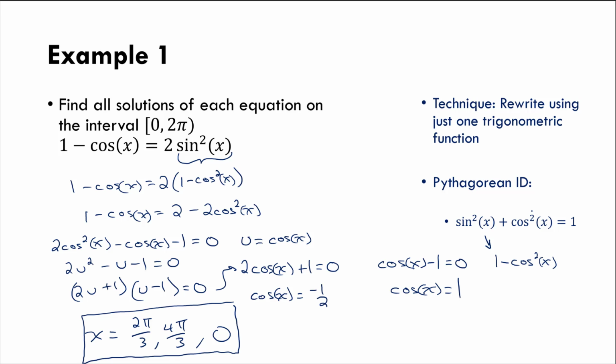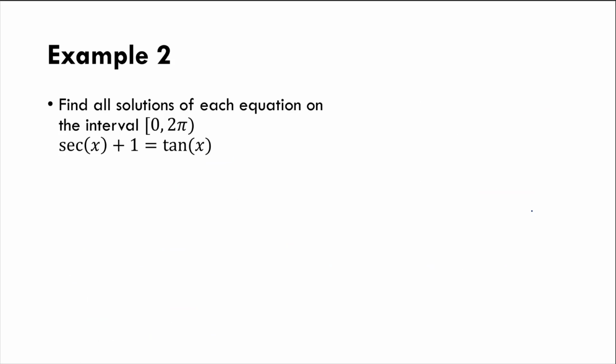Let's go ahead and take a look at example number 2. Same prompt, same interval of 0 to 2 pi. Now I've got secant of x plus 1 is equal to tangent of x. This time we're going to solve by squaring. Again, I need to rewrite some things in terms of just one trigonometric function, but first we have to square in order to do so.